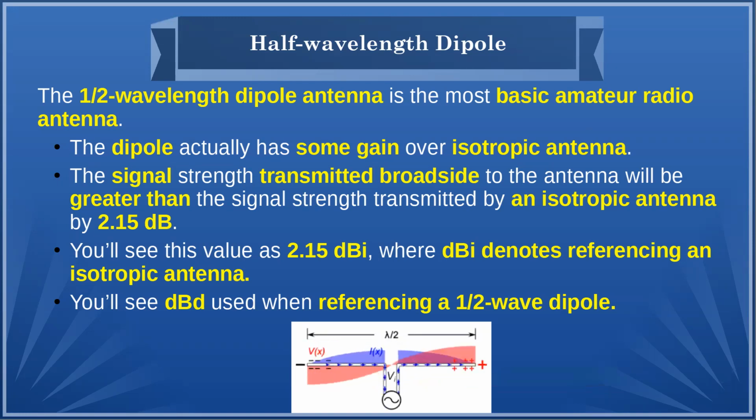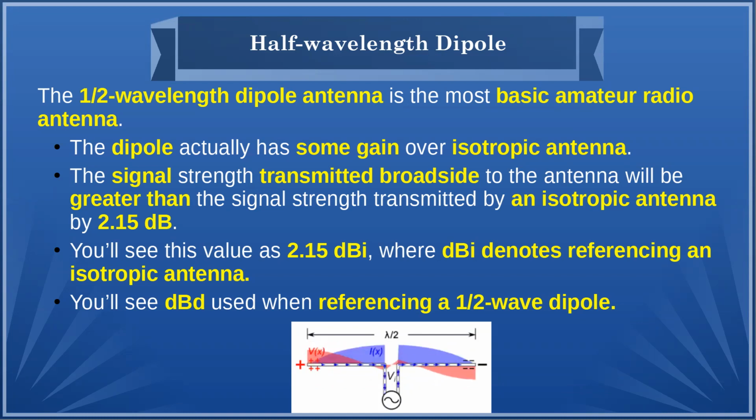It transmits broadside in a not exactly figure-8 pattern, but similar to that. And like I mentioned, the 2.15 dB is the reference that they use to compare the two.